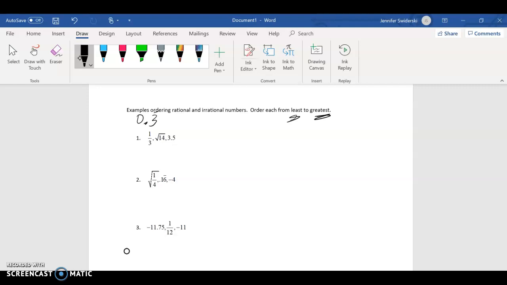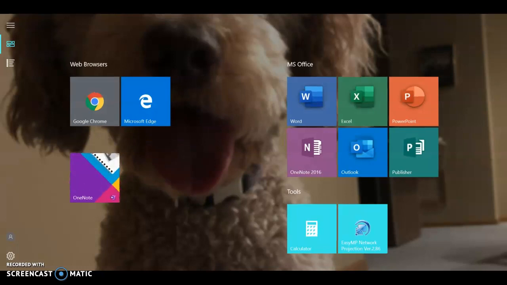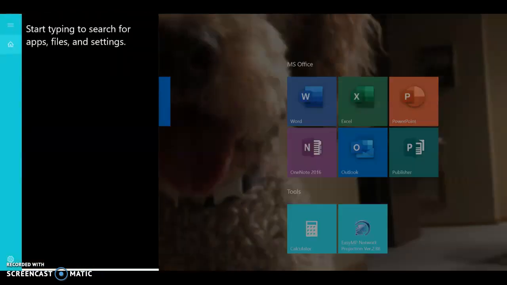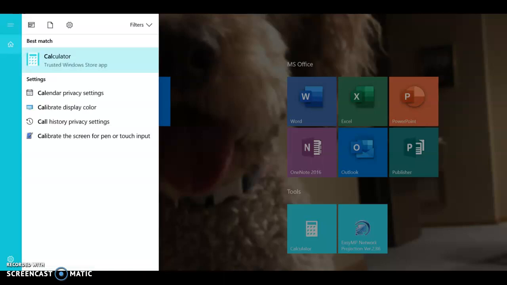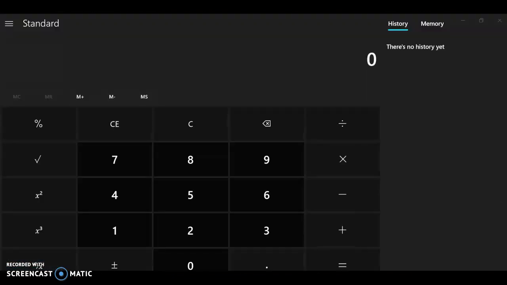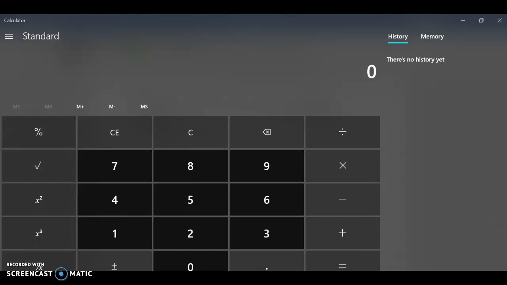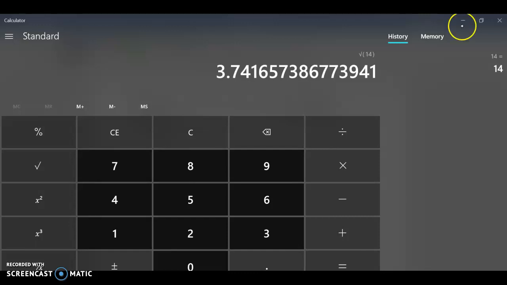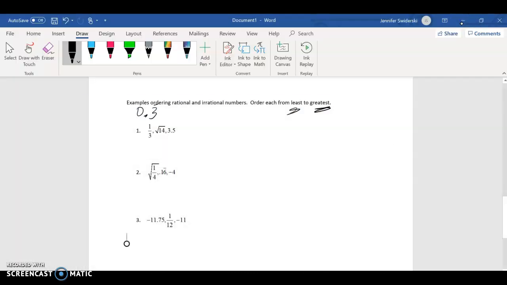Square root of 14, well, if I go down here and find my calculator, and I press the square root of 14 and enter, it's 3.74, I'll just say 3.74 for rounding for now. So this here is going to be 3.74, and then we have 3 5/10.